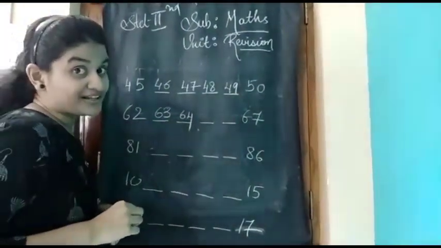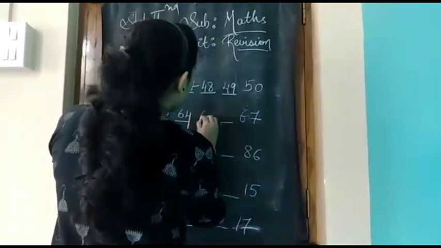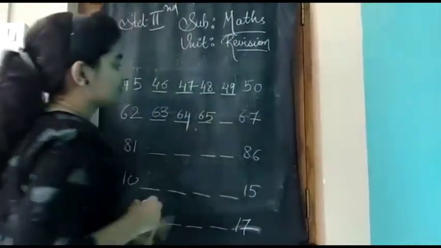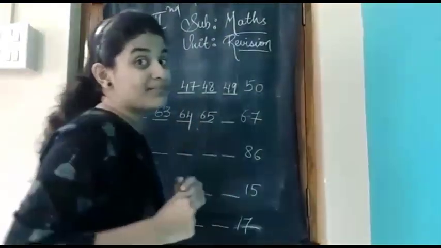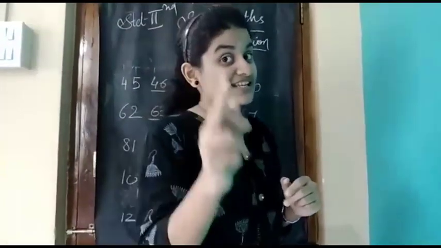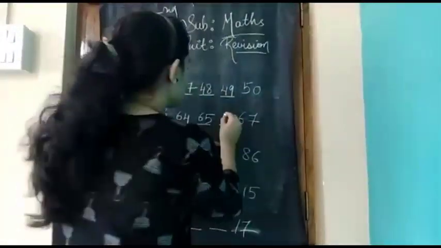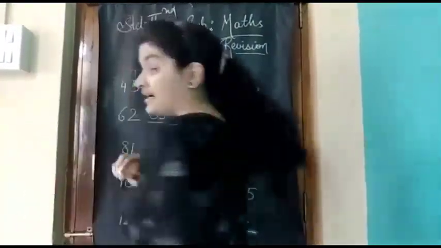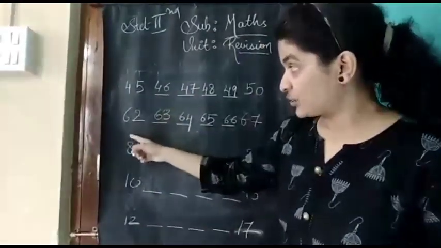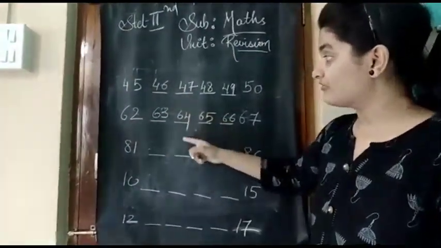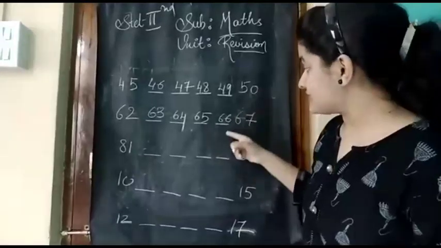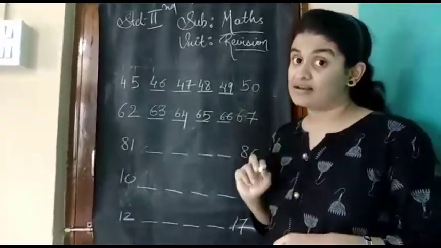After 64, 65. After 65, which number comes? 66. Understood? 62, 63, 64, 65, 66 and 67.